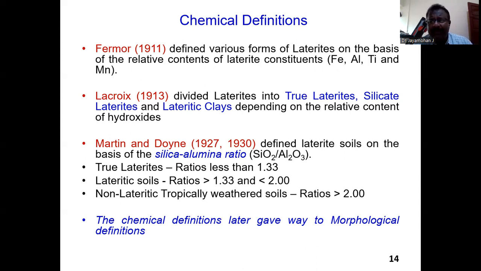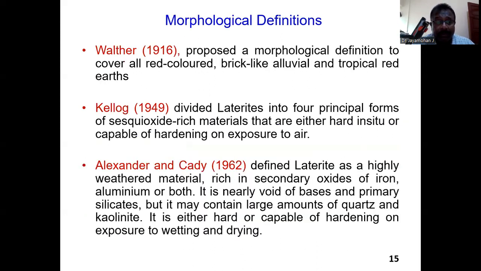Later, all these definitions based on hardening property and chemical definitions paved the way to the morphological definitions. Again in the 20th century, morphological definitions also came up simultaneously. The first person was Walther. He proposed a morphological definition of laterite as a red-colored, brick-like alluvial and tropical red soil.